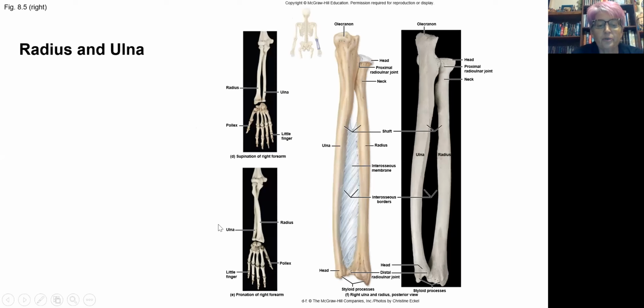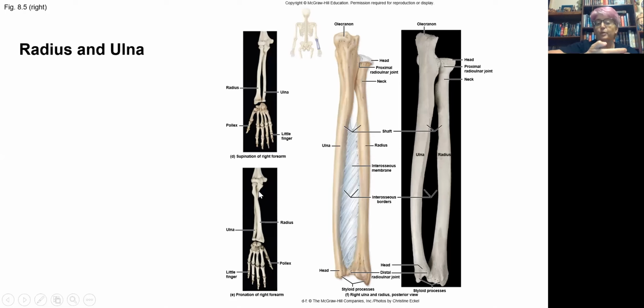This shows you that crossing over of the radius and the ulna. So here is the right forearm supinated, and you can see that radius and ulna lying parallel to each other. And then when your hand is pronated like this, the radius crosses over the ulna. So it actually rotates up here and then twists.